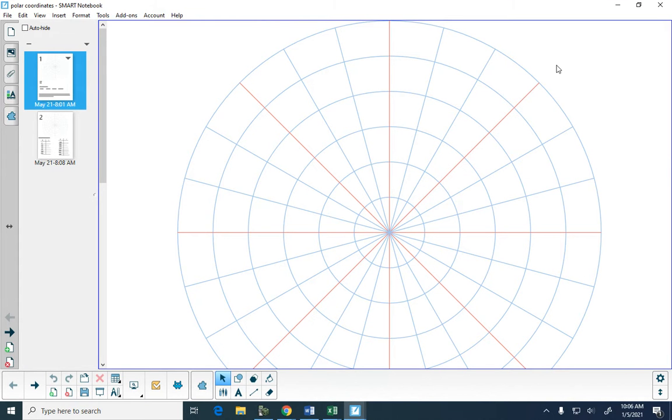When dealing with graphs, it's sometimes easier to deal with polar coordinates. A lot of curves that go into graphs are a lot easier to deal with in polar coordinates.